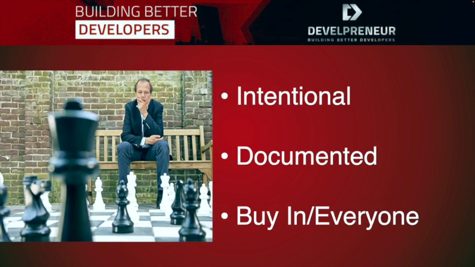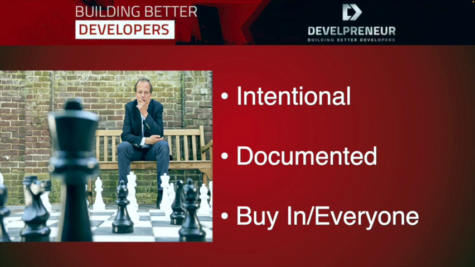Now, with your versioning and your branching, the key is to be intentional. If it's just one developer in their own little repository, it doesn't matter. But once you get 2, 3, 10 developers or more, it is crucial that you have a strategy and that it is documented so that people can know what that strategy is.